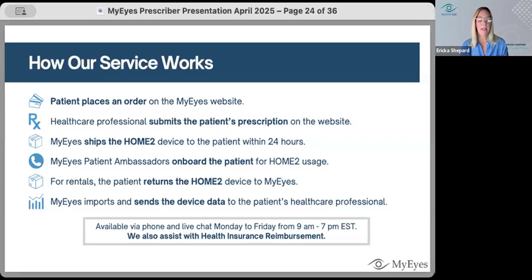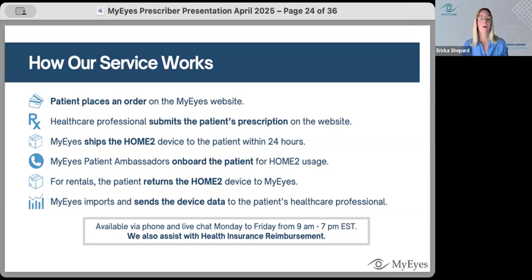We find that some patients are very proactive and they've heard about home tonometry, they want to use it, and they go to their doctor and discuss it. Other times we have doctors that will prescribe it for their patients on a regular basis. They put in the prescription. Either way, that's what starts the process, or the patient calls us, they'll talk to us. Our patient ambassadors are amazing.